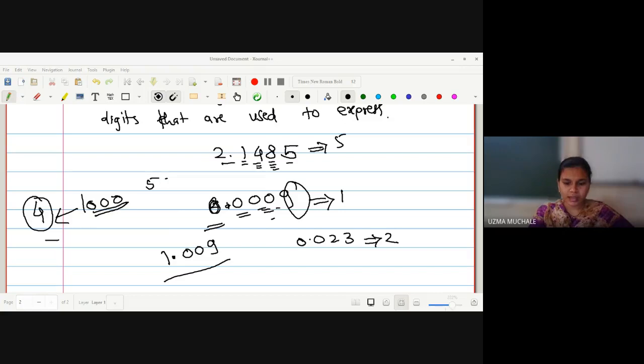Let me show you with an example itself. Suppose I want to count how many significant digits are there in this number, say 1.009. After 1 there is 0. यहाँ पे आपका वैल्यू नहीं है ना, 0.000, like this it is.